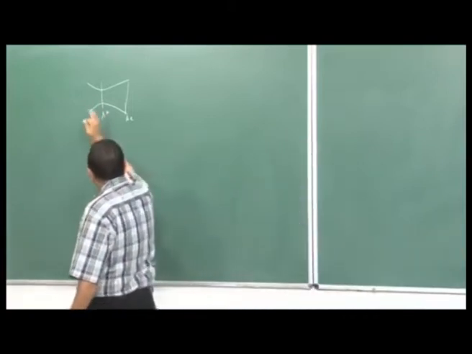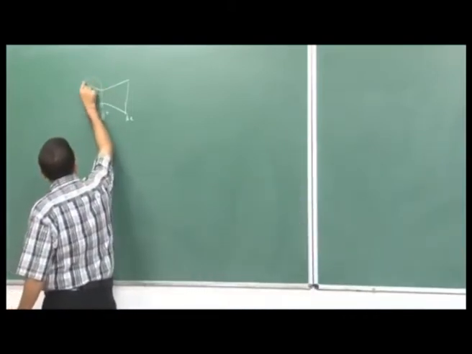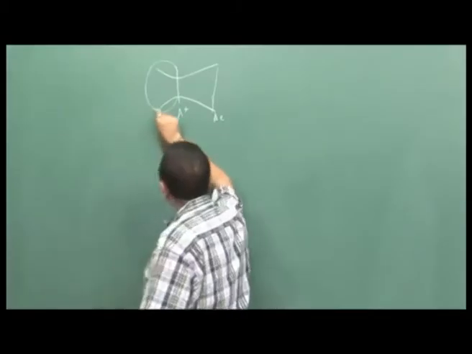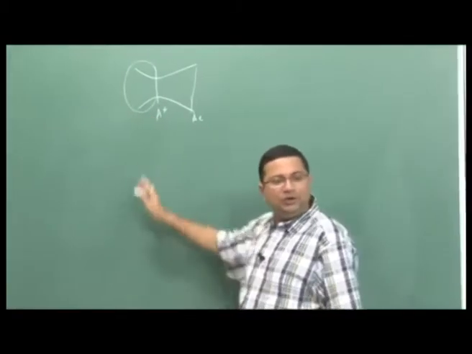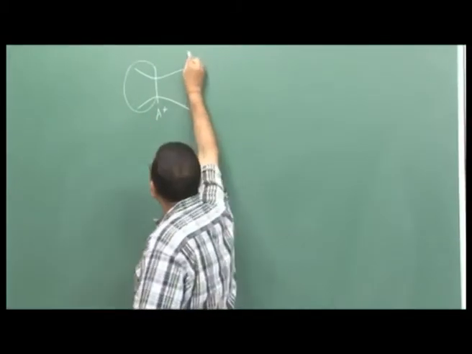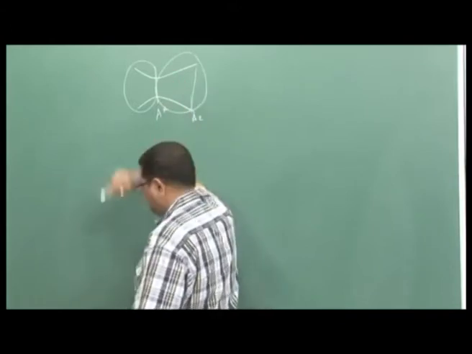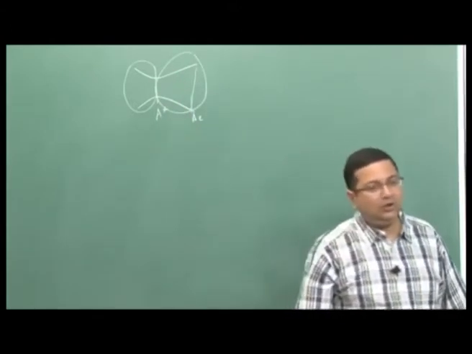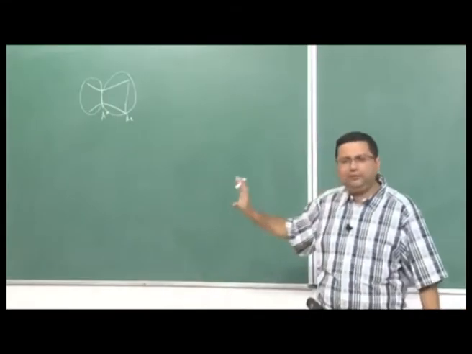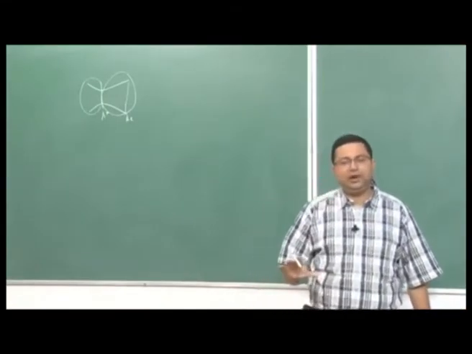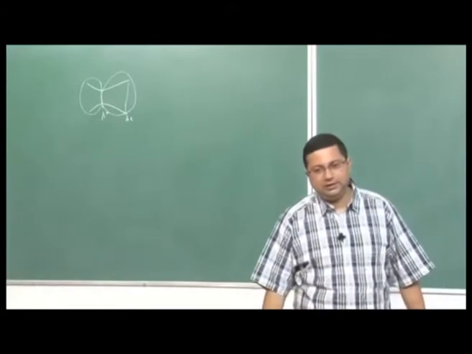If we look at this converging diverging nozzle, there are two parts to it. One is a converging part up to the throat and then a diverging part up to the exit. So, when we talk about the full shape of the nozzle, we have to discuss both the converging part as well as the diverging part.